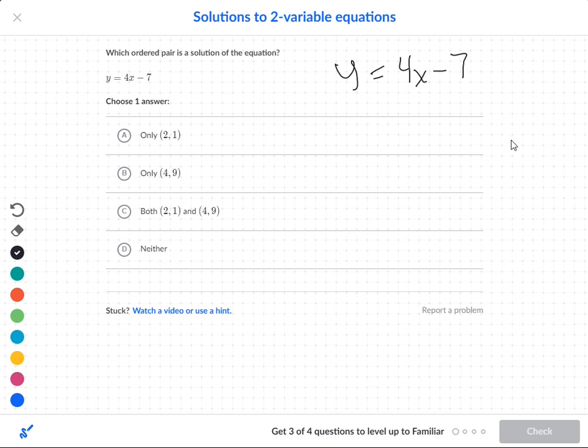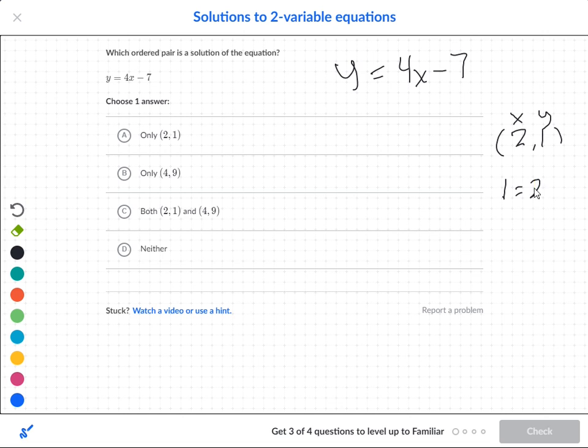You want to try 2, 1, and you want to put the 2 in for the x and the 1 in for the y. So we're going to say 1 here is equal to, that should actually be a 4, so it's going to be 4 times 2 minus 7.